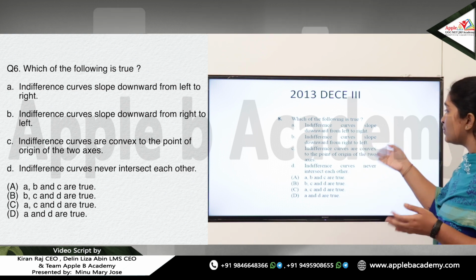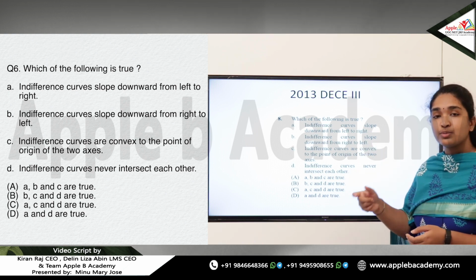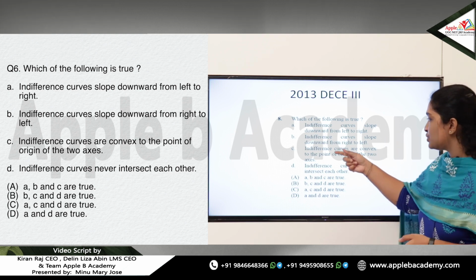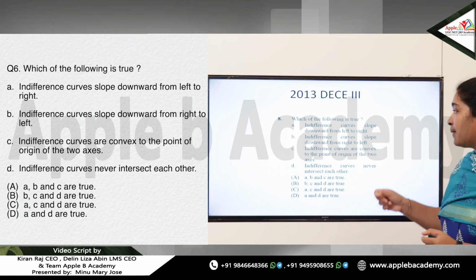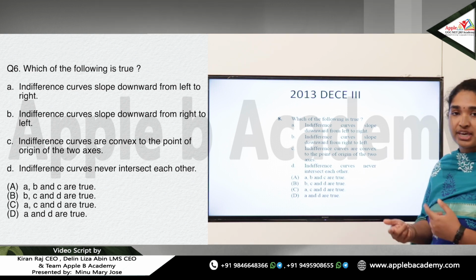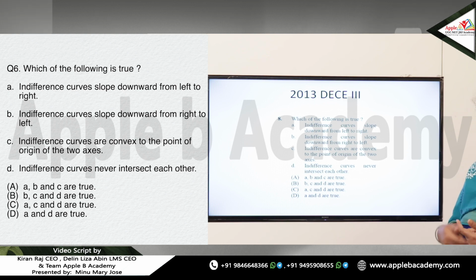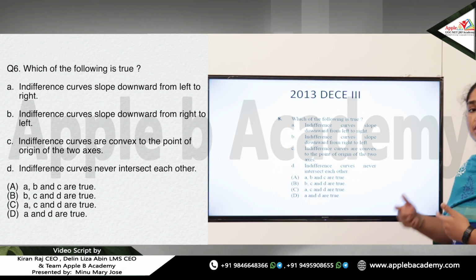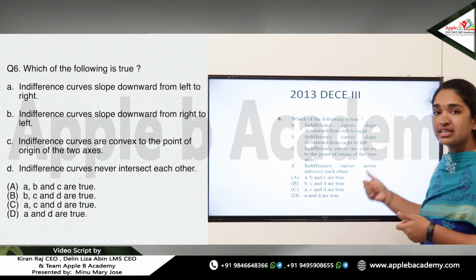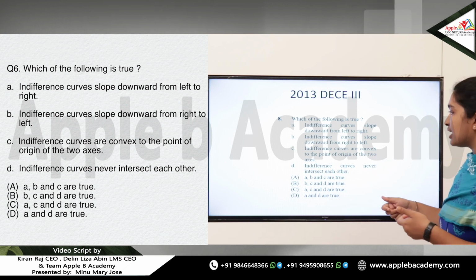And option B was the exact opposite. So option B would be wrong, because it says that indifference curve slopes downwards from right to left, which would change the idea of what an indifference curve is. So option B is exactly wrong in this case.